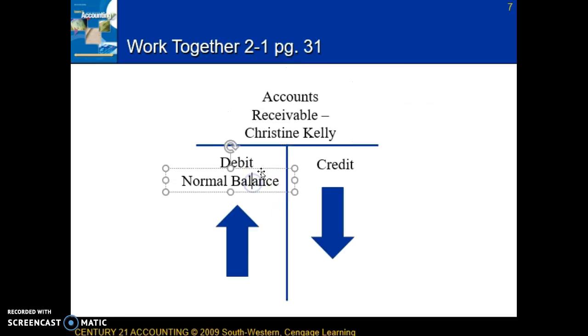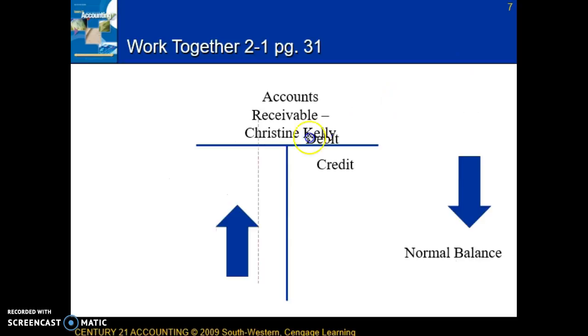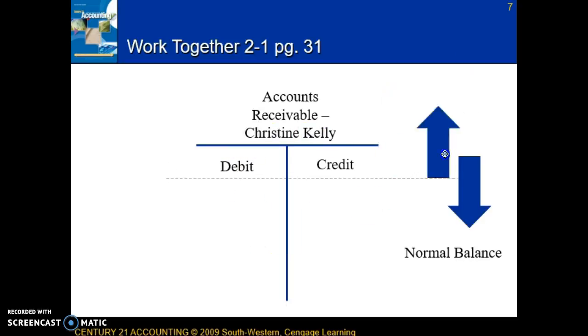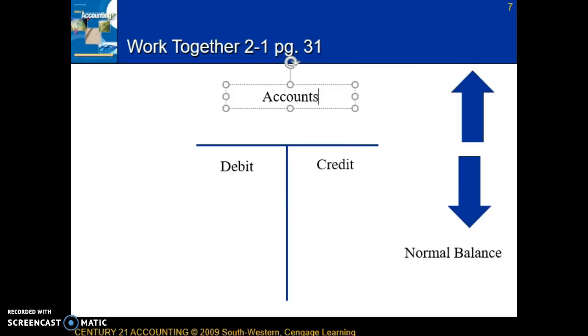Now in our textbook we also have two payables. I'm going to do one since they will both be the same. Our first payable is accounts payable, Miller Supplies. Make sure you put in your debit and credit. Accounts payable is a liability.